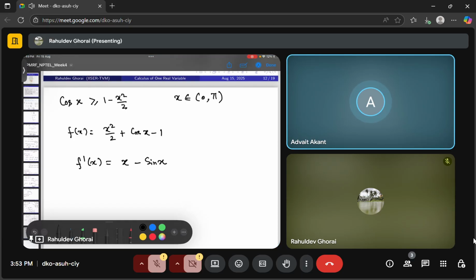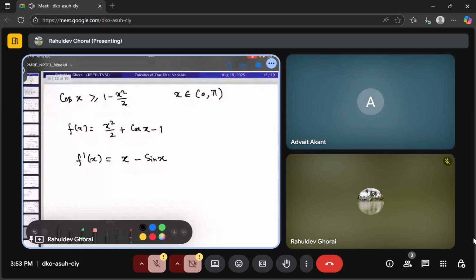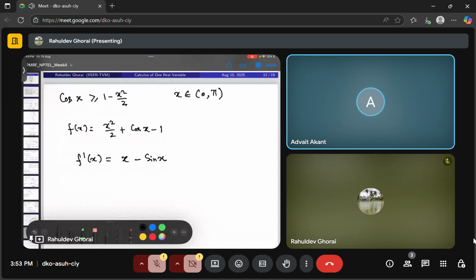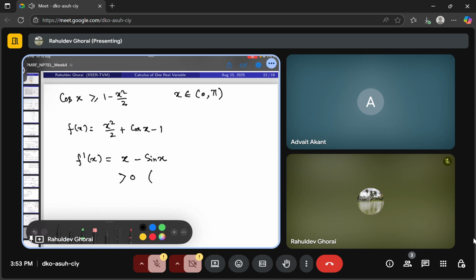Yes, you are correct. Then f prime x is greater than 0 in the open interval 0 to pi. That is how.